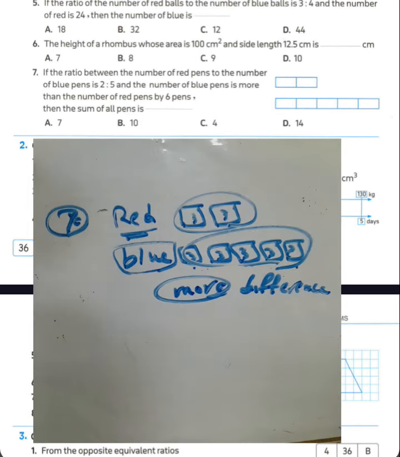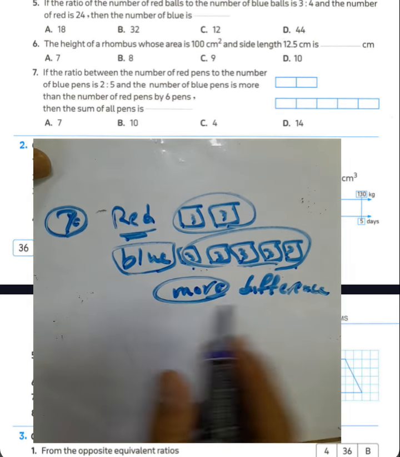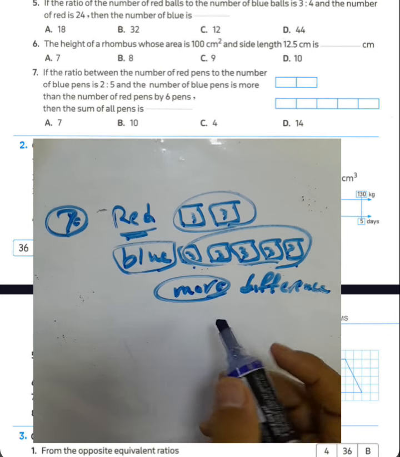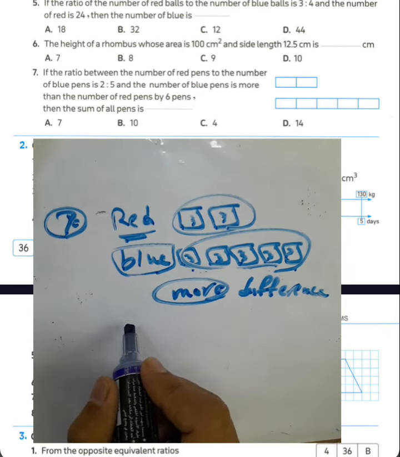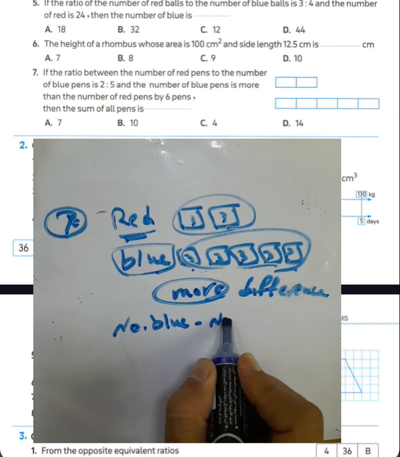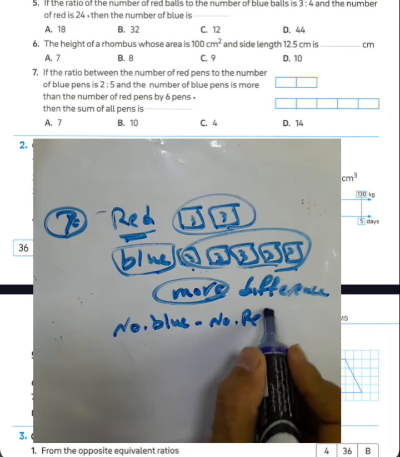He gives us the difference. Okay, we have the difference between them. The difference between them was 6. Then the number of blue beans subtracted by the number of red beans was 6.